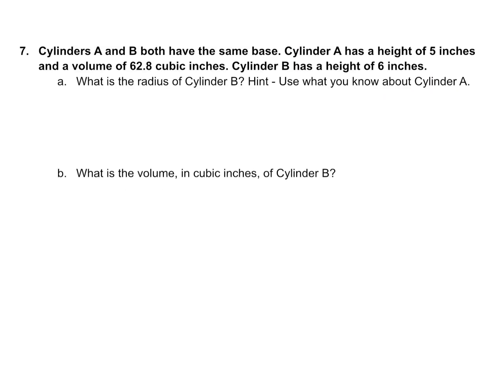Question 7. Cylinders A and B both have the same base. Cylinder A has a height of 5 inches and a volume of 62.8 cubic inches. Cylinder B has a height of 6 inches. Okay, so we have to find out what the radius is of cylinder B. They give us a hint to use what we know about cylinder A. I'd like a little visual first.